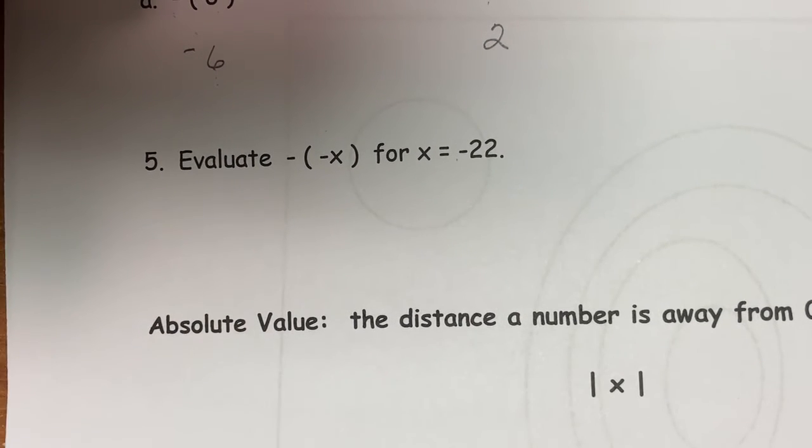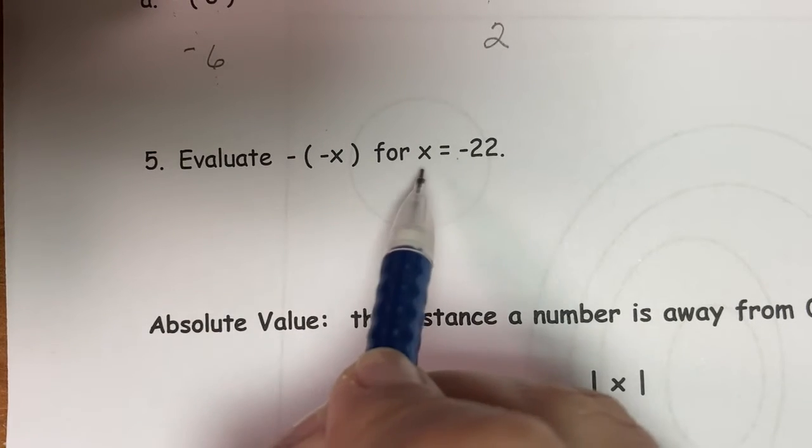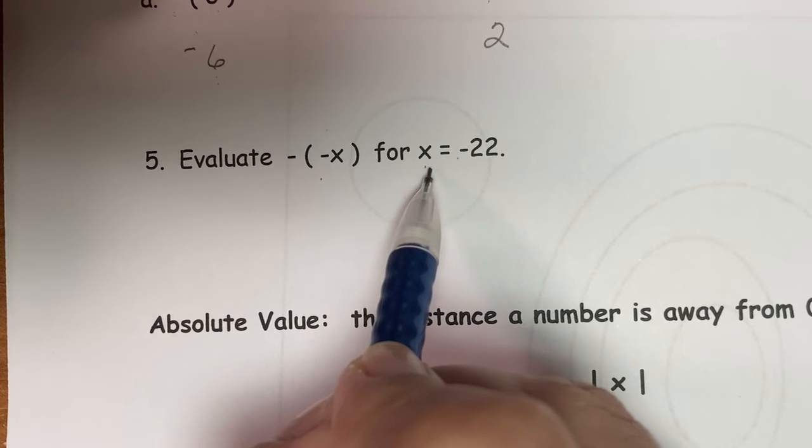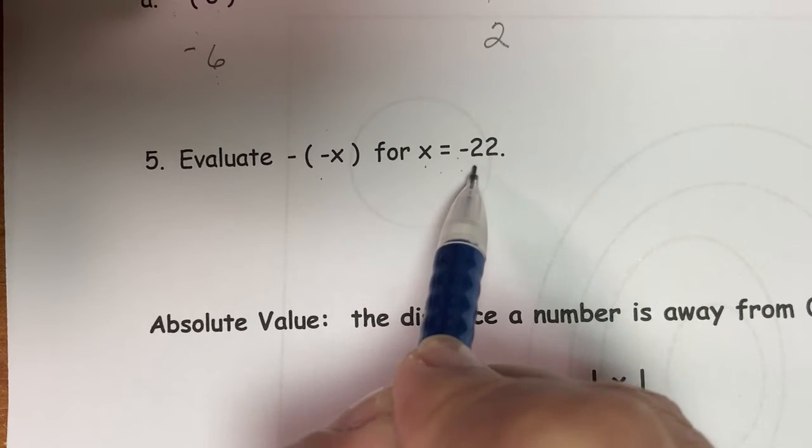So when we do something called evaluate, basically it means find the answer. And what we're really doing is what I call plug and chug. We're going to plug in the value that they give us, and we're going to chug out the answer. So if you look at number 5, it says we want to evaluate this expression when x is equal to negative 2.